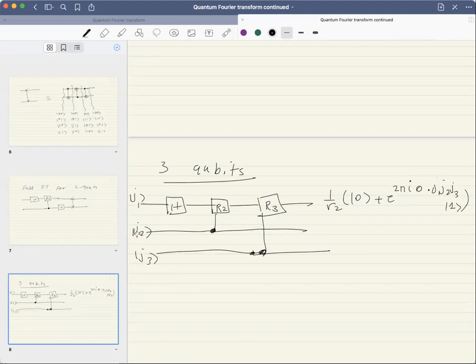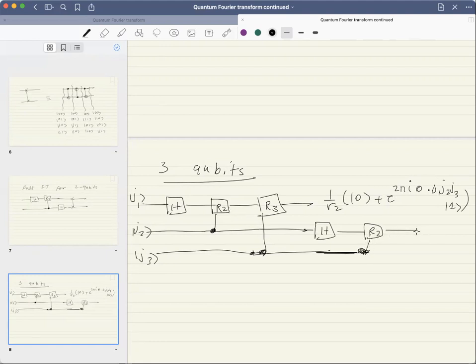Okay, so now if I want to change my J2 to 1 over square root 2, 0 plus e to the 2 pi I point J2, J3, I can play the same game. I hit it with a Hadamard again. And then allow the J3 guy. So this Hadamard just gives me a factor of point J2 now. Depends on the state of that qubit. And now I do another R2 here.